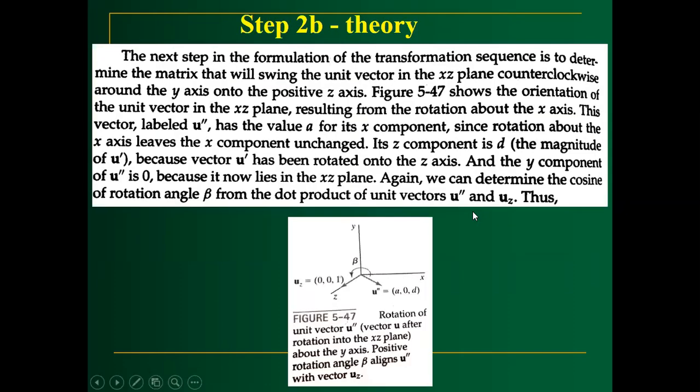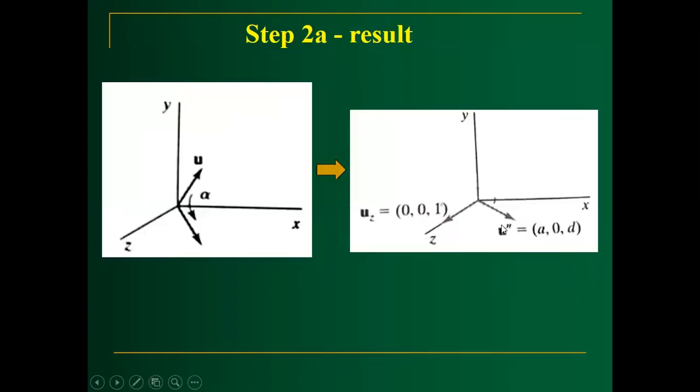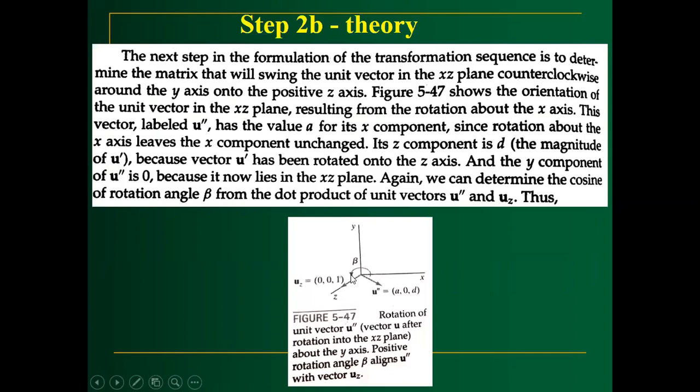Now let us look at 2b. In 2b, you should now rotate this u double dash, a comma 0 comma d, that is the output of 2a. You rotate it anti-clockwise such that it will now align to the z-axis. You can see here, rotate vector u after step 2a about the y-axis, positive rotation angle, that is you are doing anti-clockwise, such that u double dash will now align to vector uz.